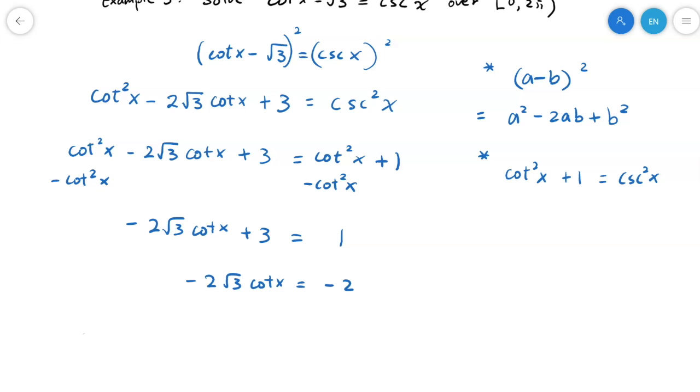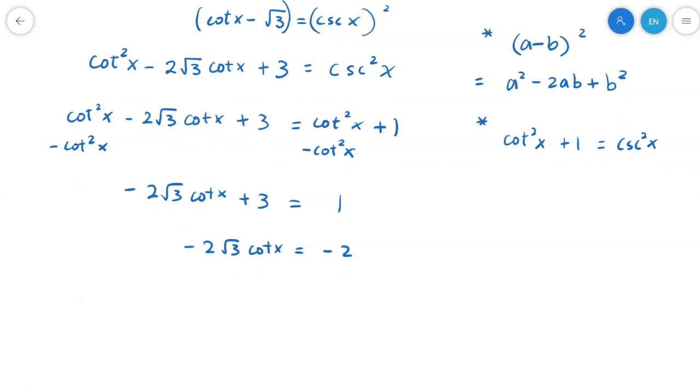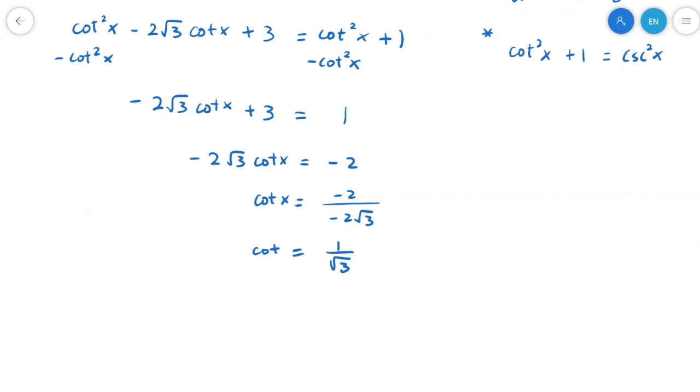I got negative 2, and then divide by negative 2 square root of 3 on both sides. I end up with negative 2 divided by negative 2 square root of 3, which is 1 over square root of 3, or square root of 3 over 3. Then tangent of x will equal square root of 3.